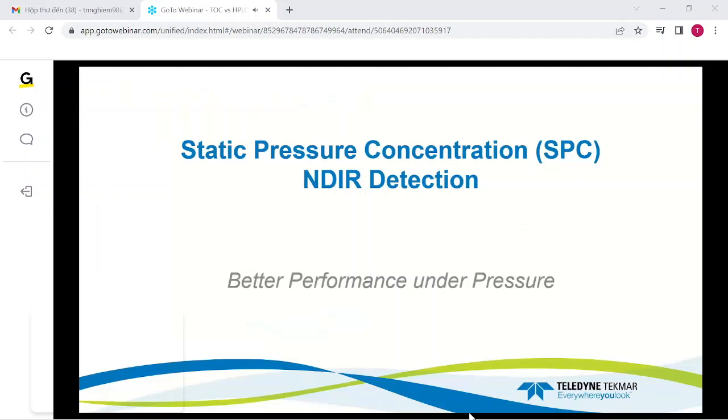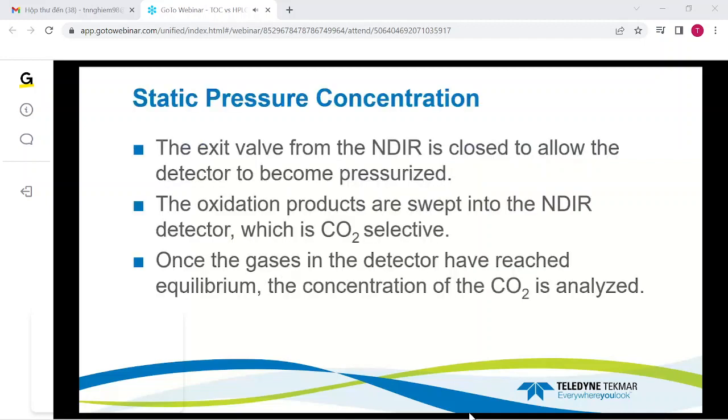We use something called static pressure concentration, or SPC, for our NDIR. So this gives us better performance under pressure. You might ask, what does that mean? Well, we take the NDIR, which is typically a flow-through system, and we pressurize it. So we close off one end.